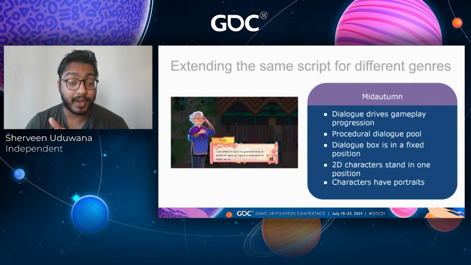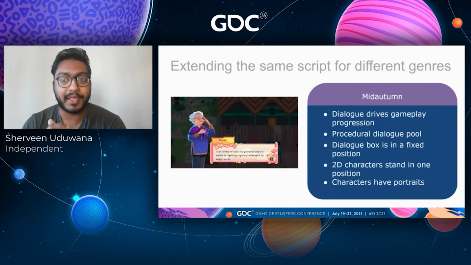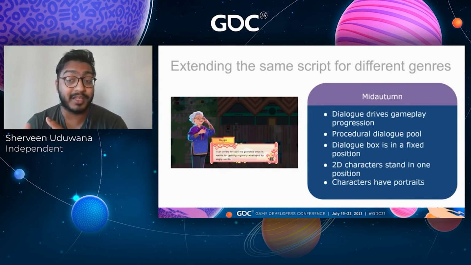So for Midautumn, in comparison, the dialogue drives gameplay progression. What that means is things will happen based on whether or not you've heard certain dialogue. So you'll get different enemy spawns if you've heard a certain conversation or something like that. And we kind of spawn in everything from a procedural dialogue pool.